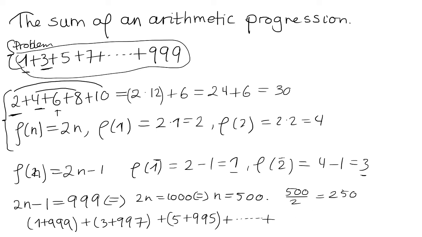Well, in that case, what can we do now? We have 250 pairs, and each pair has the value 1000.